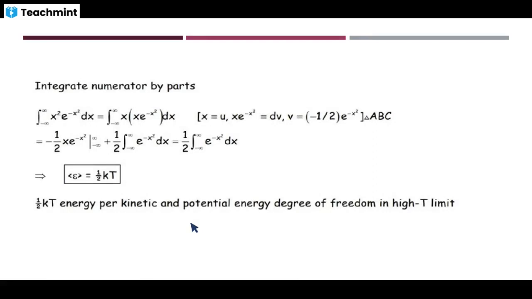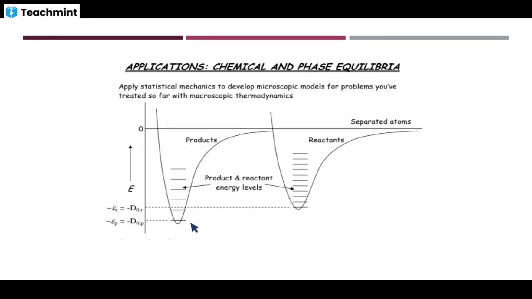Okay, so application: classical and phase equilibrium. Apply statistical mechanics to develop microscopic models for problems you have treated so far with macroscopic thermodynamics. If you take the product energy and the reactant energy, so this is the product dissociation energy and the reactant dissociation energy.